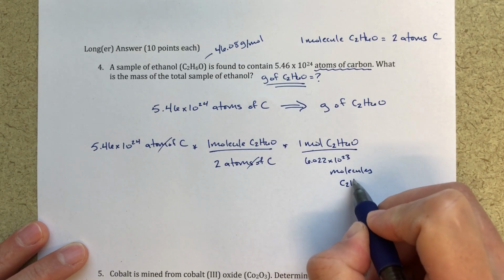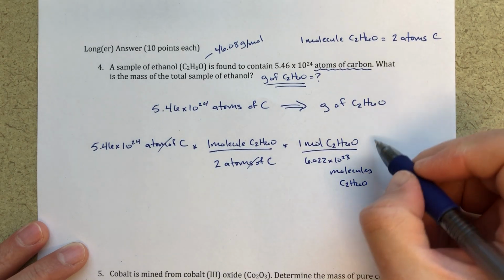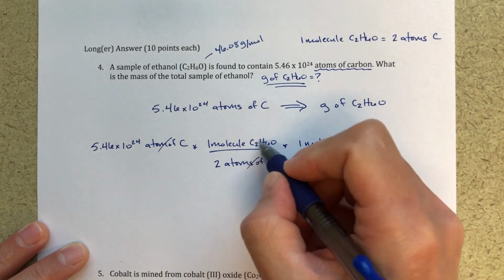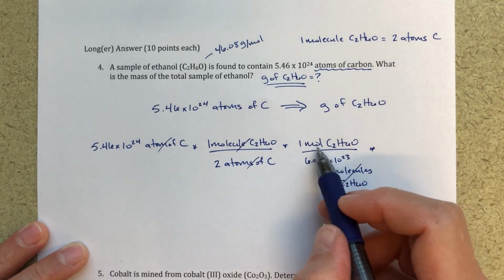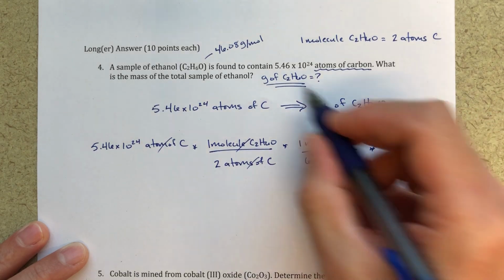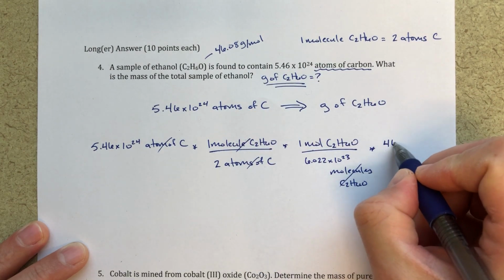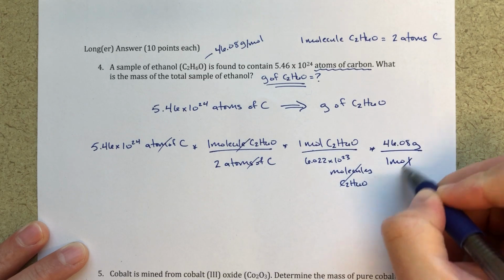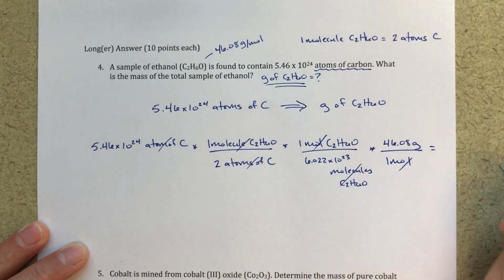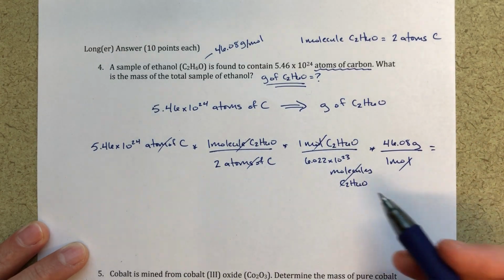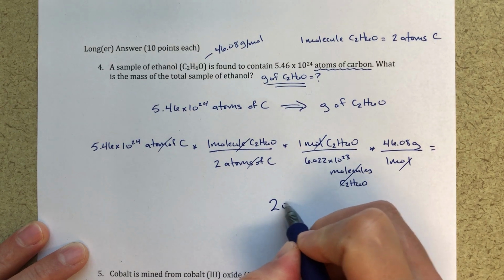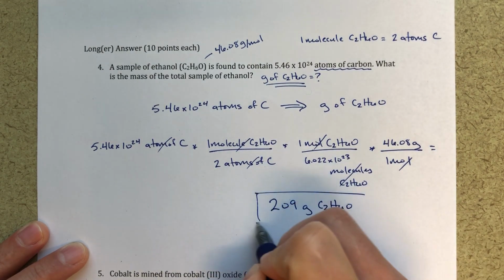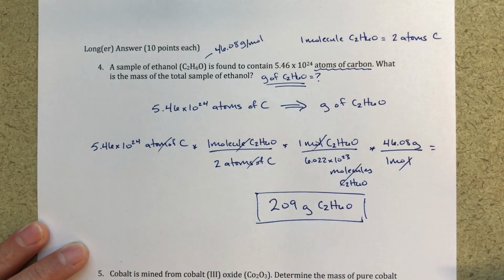These units will cancel here, and I'll be left with units of moles of ethanol. And I can use my molar mass now, 46.08 grams over 1 mole. Units of moles will cancel, and I should end up with 209 grams of C2H6O if I run through that whole calculation.